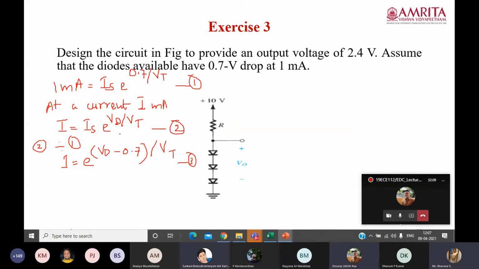Ma'am, the current through each diode is not given. Okay, I am coming to that point. Ma'am, in the third equation we forgot to mention the 1 milliampere on the LHS.